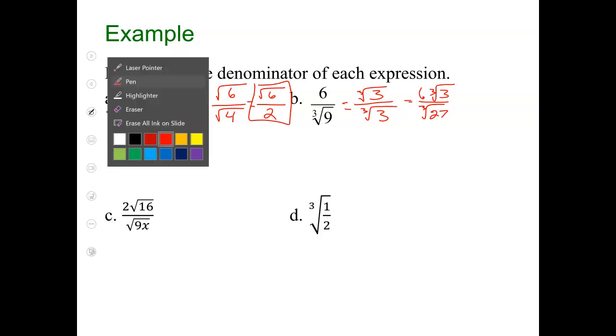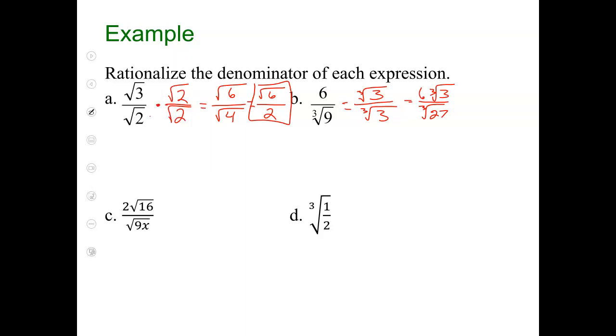So what is the cube root of 27? 3. Now, occasionally, once we rationalize, we'll also get something else that we can then simplify. 6 over 3 reduced. So then my final answer becomes 2 third root of 3.